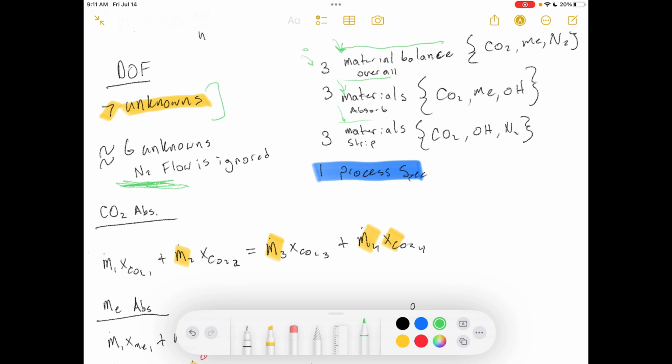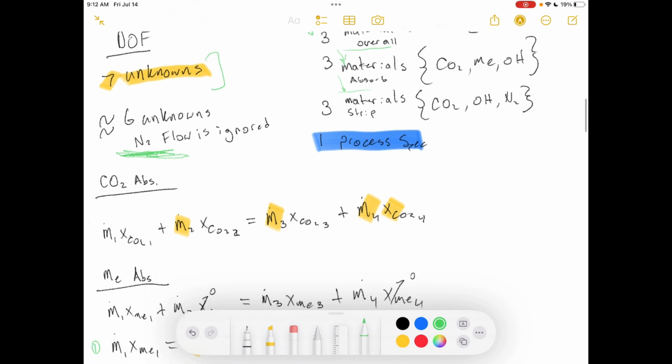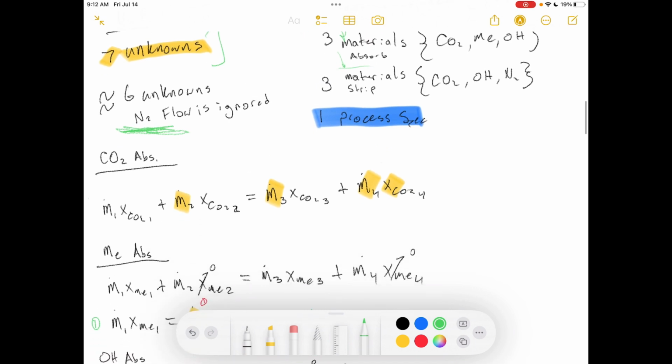We're looking for equations where there's only one unknown, and then we can solve for that unknown, and maybe that opens up a path for us to find out what another one of the unknowns is. Do that as much as you can until you reach a wall and you say, well, the problem is not specified up to this point, so I can no longer make any more progress unless I specify a certain flow rate, or I specify a certain concentration, that being the degree of freedom that we're setting.